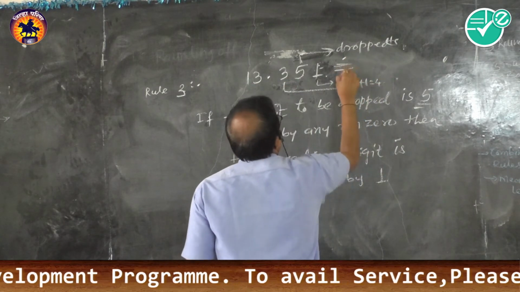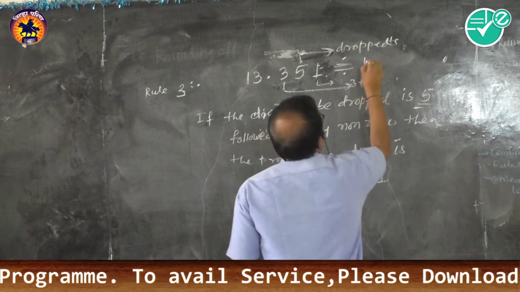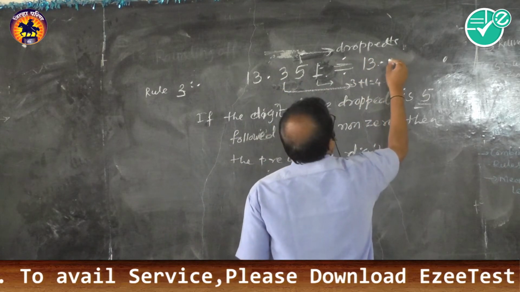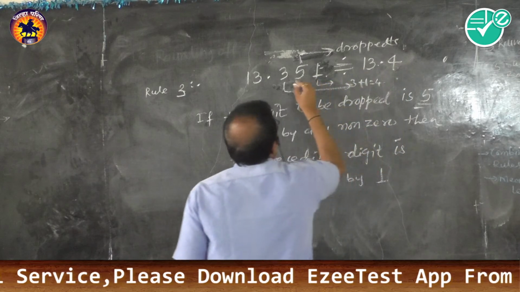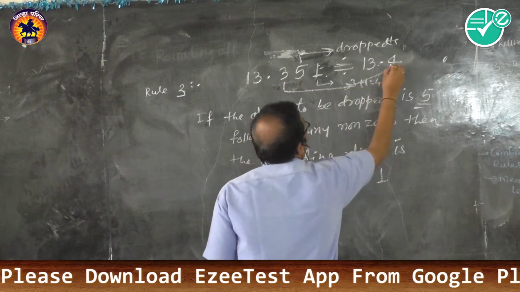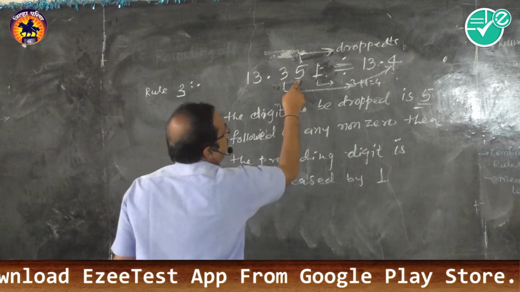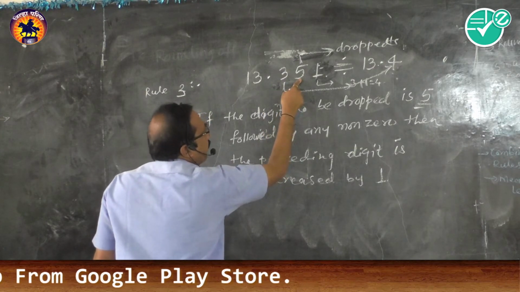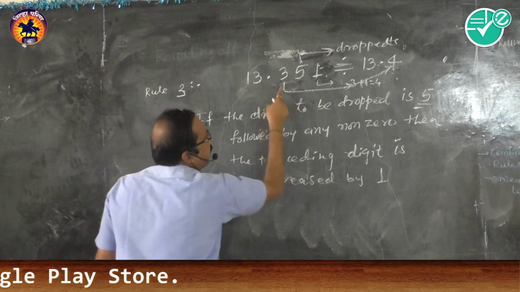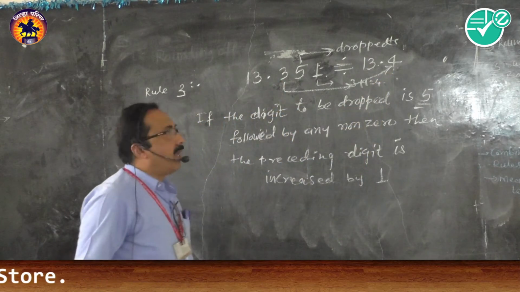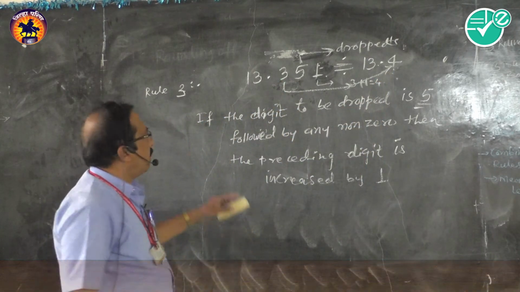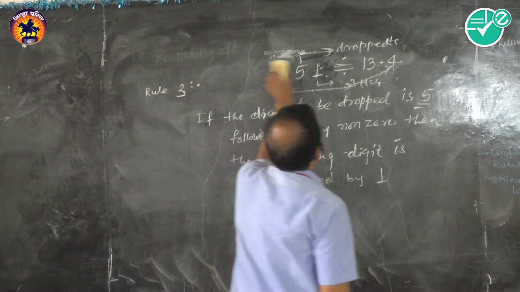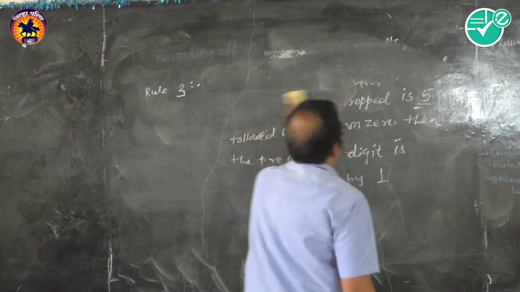Therefore, this number is rounded off to 13.4 only. So this 3 becomes 4. That is the preceding number which occurs just before the number 5, which is to be dropped. That this preceding number is increased by 1. So this is the third rule.